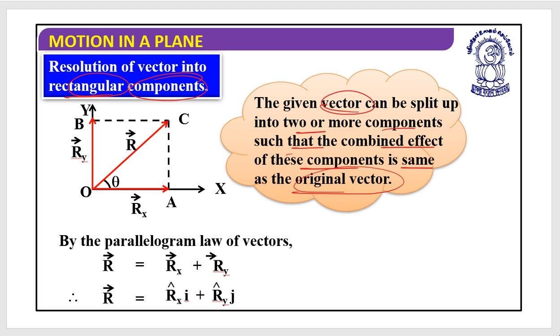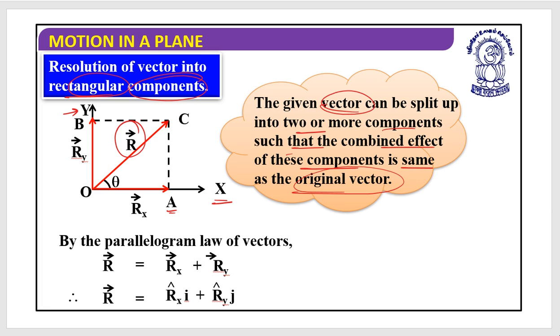So let's look at this Cartesian system, with the x-axis and the y-axis, and I have a vector with a magnitude of r at an angle of theta with the x-axis.